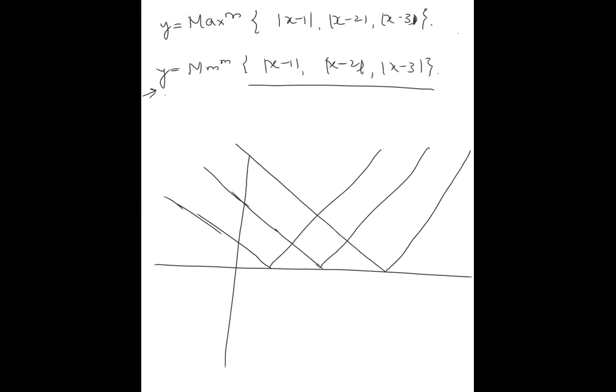For comparing, we just extend this graph. Now we have to see the minimum of these three. So minimum will be this one, then minimum will be this one. Minimum is this one, this one, and this is minimum. This is minimum.